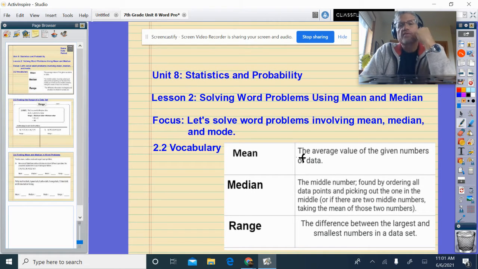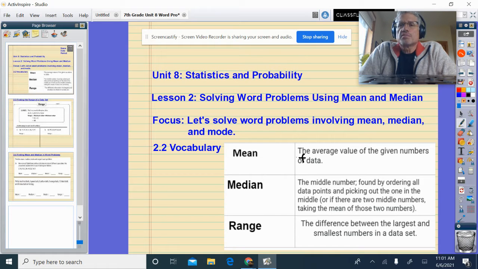You're going to have a Khan Academy video on figuring mean, where you add up all the individual values in the data set, and then divide by the number of data points in the data set to get the average or the mean.